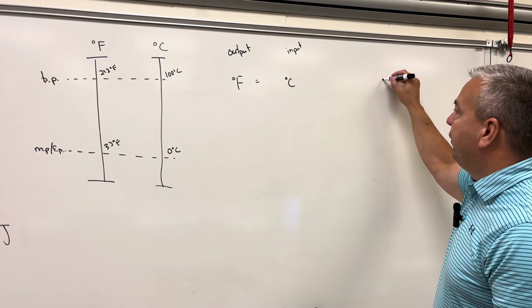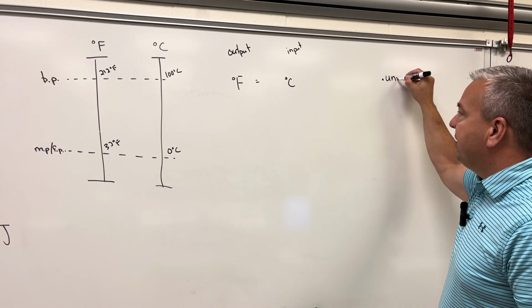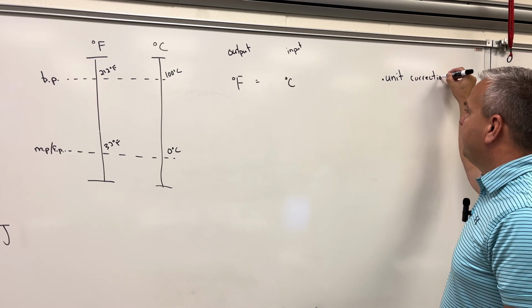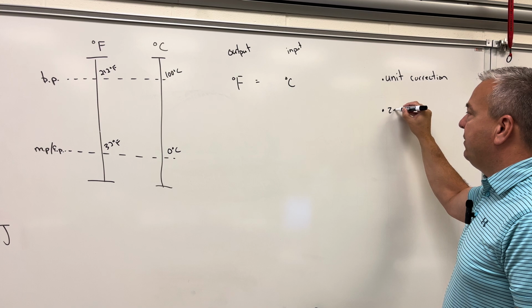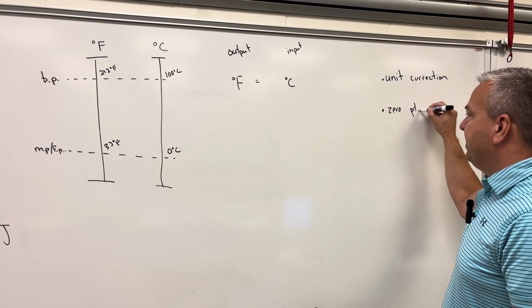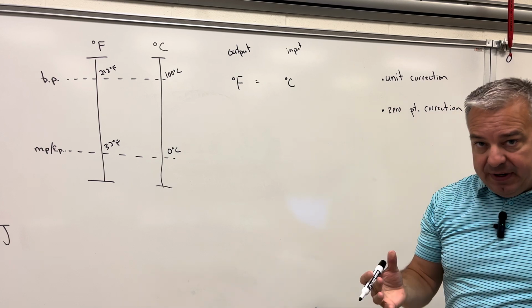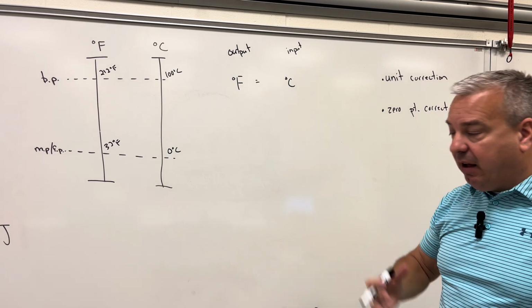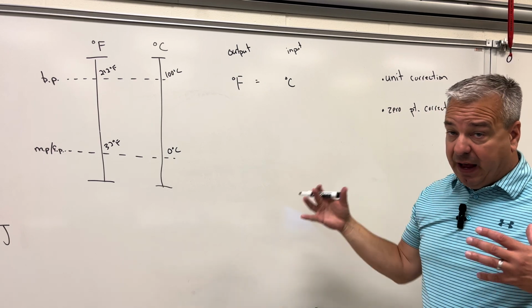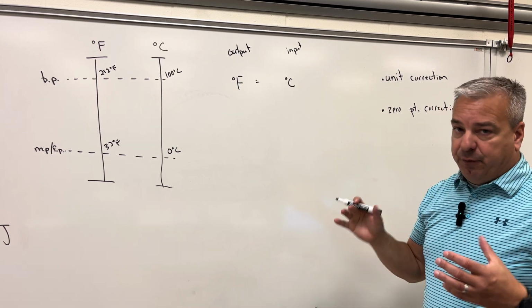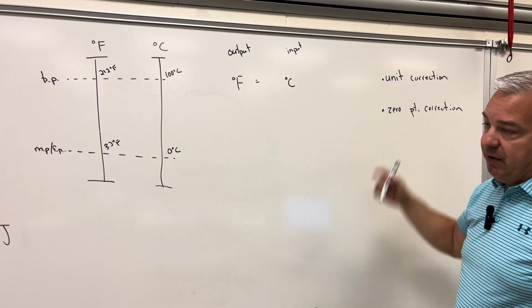The first thing you need is a unit correction. And the other thing that you need is what we call a 0-point correction. And if I get both of these into my mathematical expression, I'll come up with a valid conversion factor from degrees Celsius to Fahrenheit.